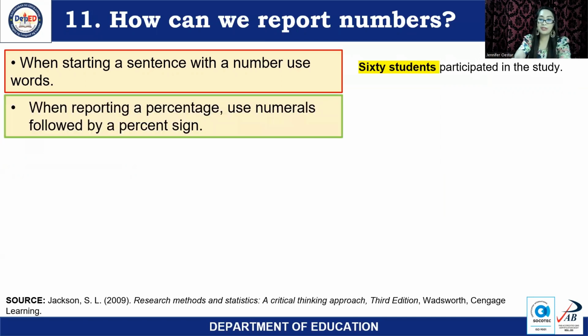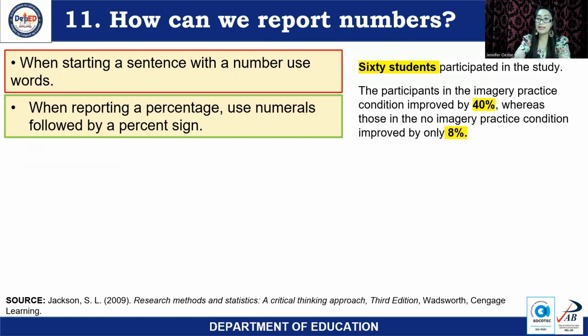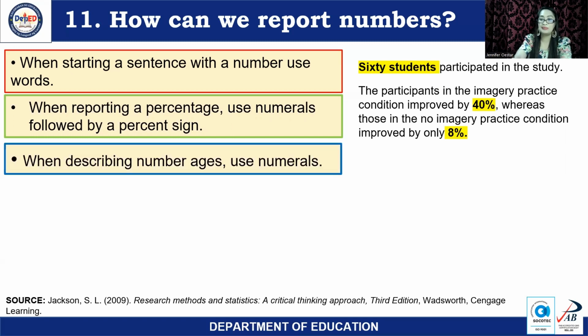When reporting a percentage, use numerals followed by a percent sign. The participants in the imagery practice condition improved by 40%, whereas those in the no imagery practice condition improved only by 8%. So we use numerals, then percent sign.